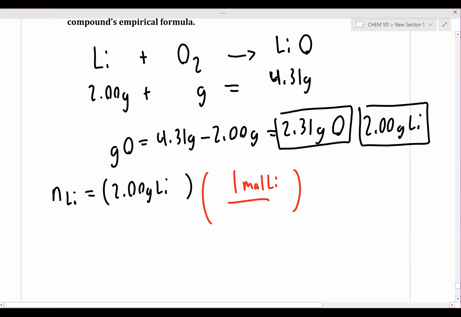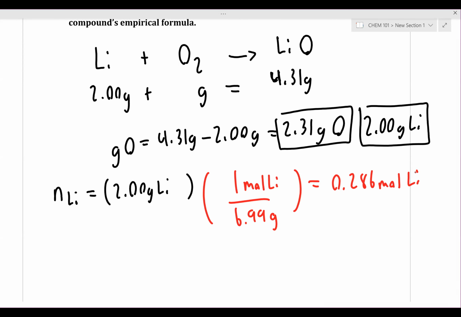The molar mass of lithium is about what? Yeah, 6.99. So taking 2 divided by 6.99 gives us 0.286 moles of lithium.